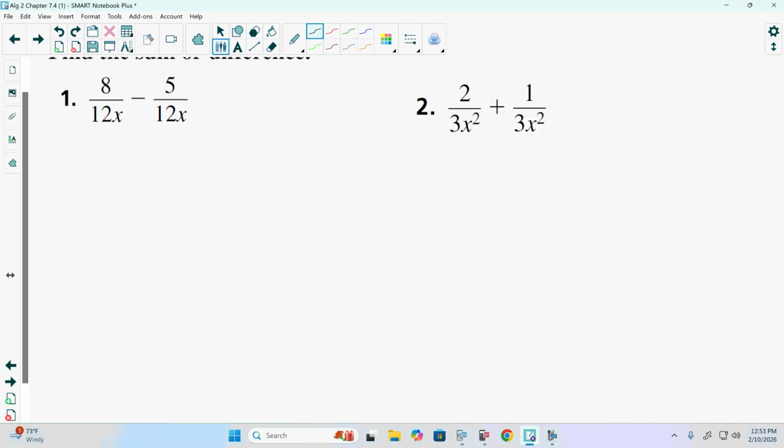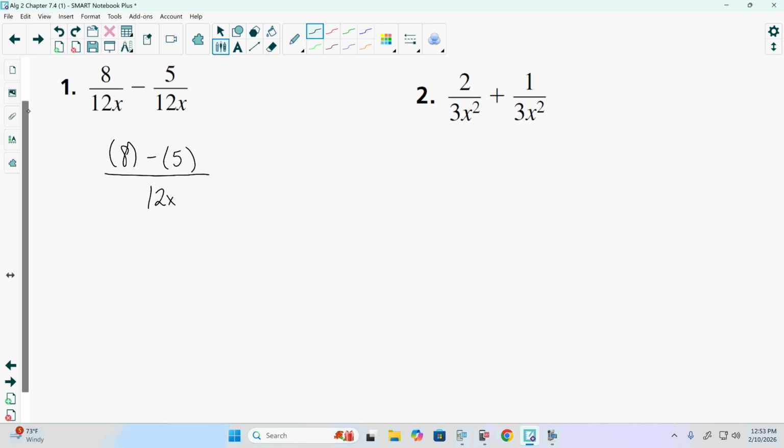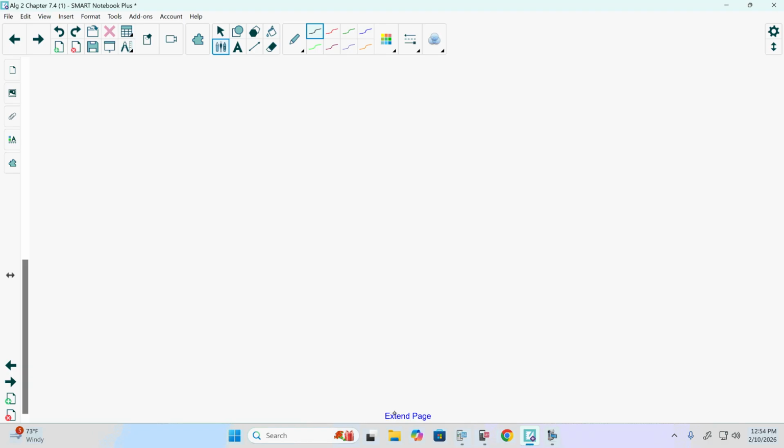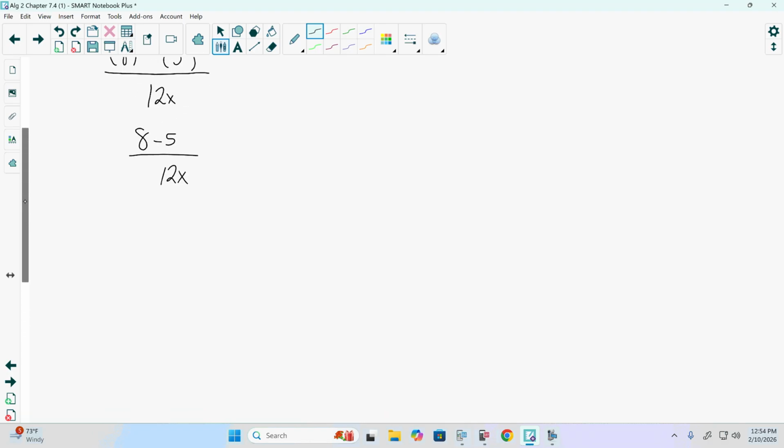So really the first thing we need to do, since the denominators are the same, is subtract the numerators, which is really going to tell us it's 8 minus 5 over 12x. We can drop the parentheses and simplify from there. Well, 8 minus 5 is 3 over 12x.